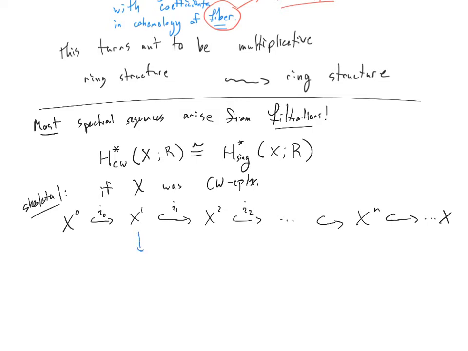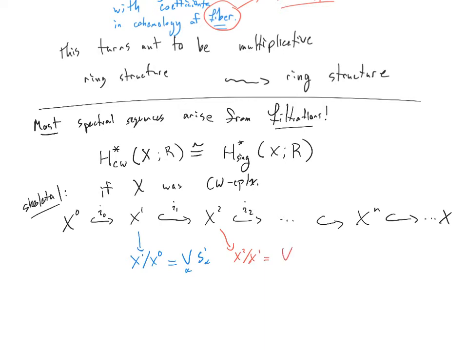If I look at this one, well, the 0-skeleton and the 1-skeleton is a nice pair, so I can look at the quotient, and that turned out to be a big wedge of cells. So it was a big wedge of S1s indexed over some alpha. And the same was true when you did X2 mod X1.